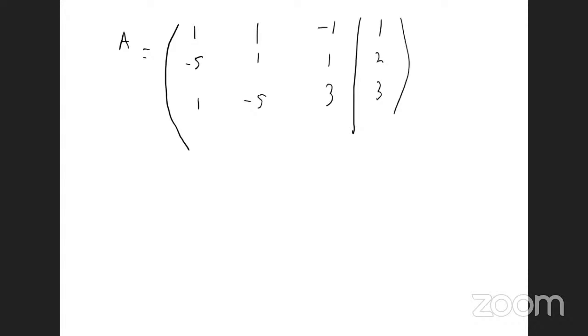So they wanted to reduce it and determine whether or not it's consistent. So you're just checking to see if it's consistent or not. And then that was part one, right? They want you to determine if consistent.